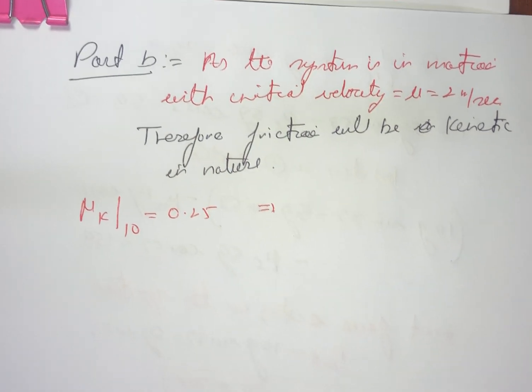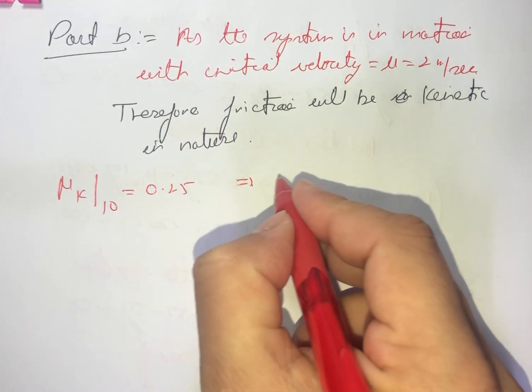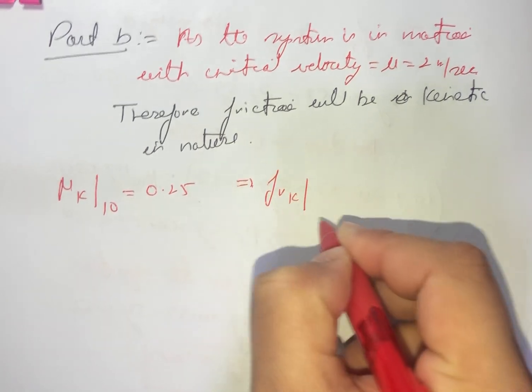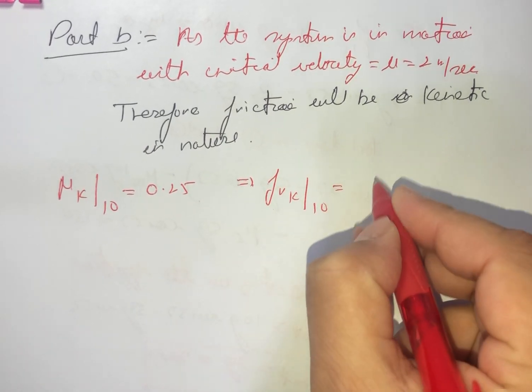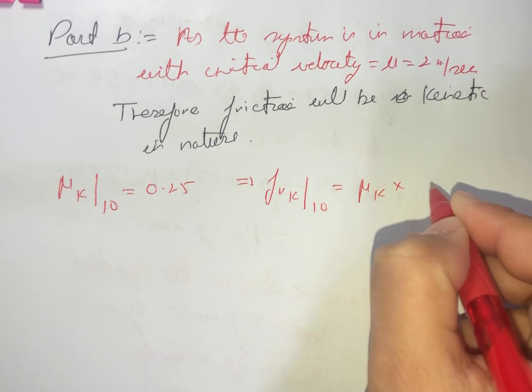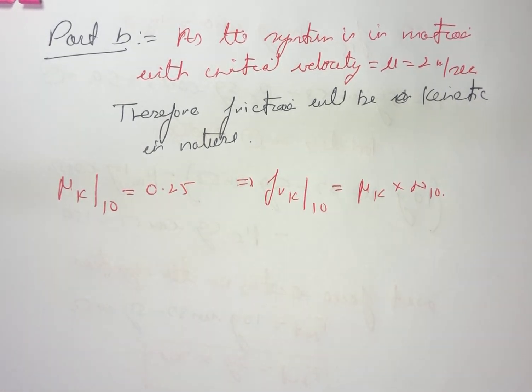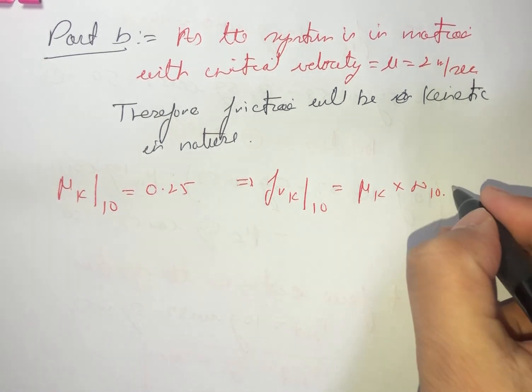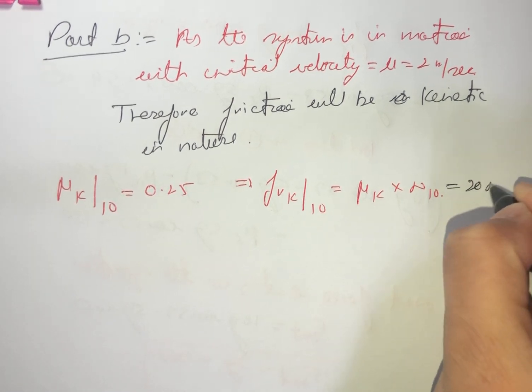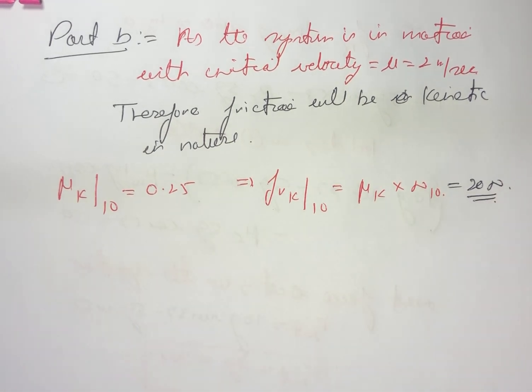So we can find out the frictional force kinetic. You can say Frk for 10 kg is equal to mu k into normal n10, and this value is coming as 20 Newton.